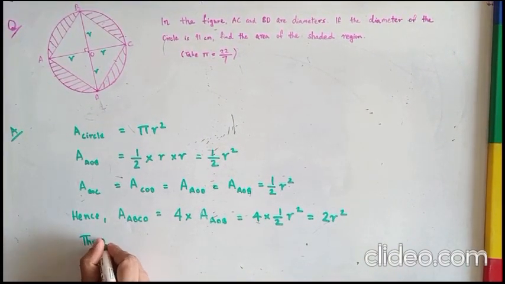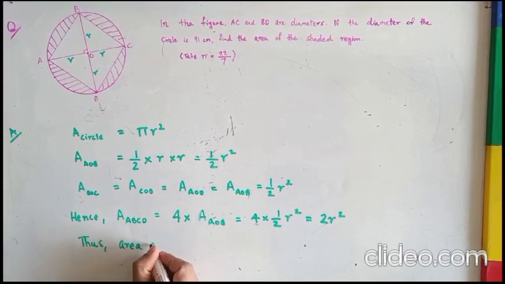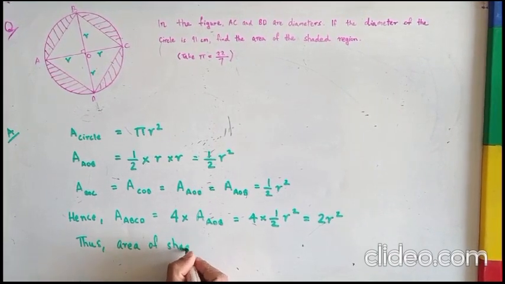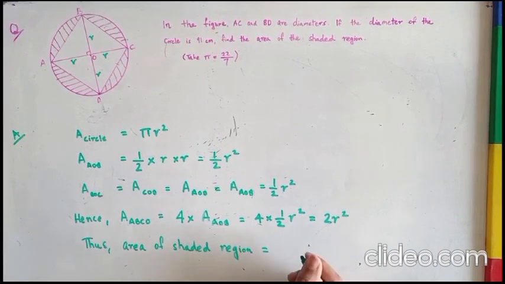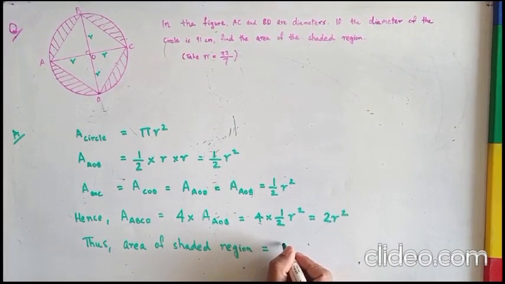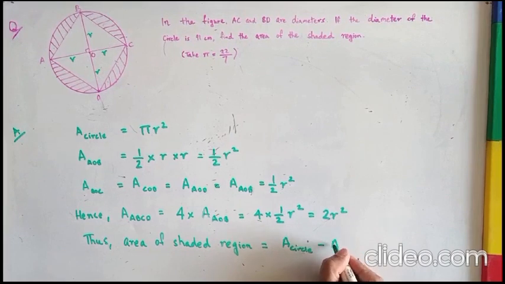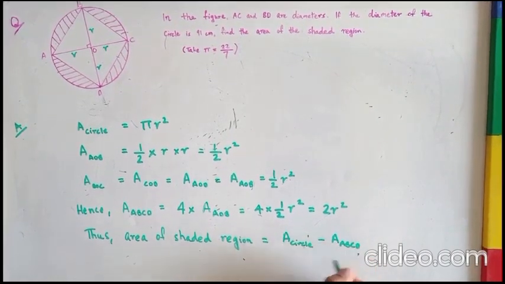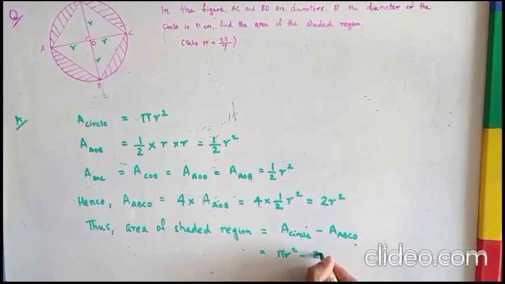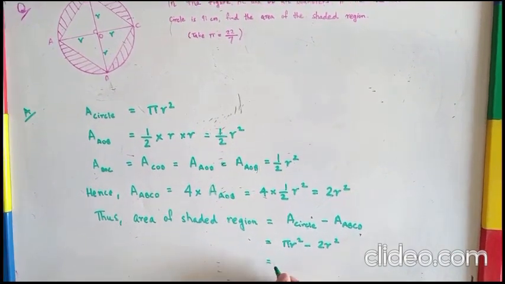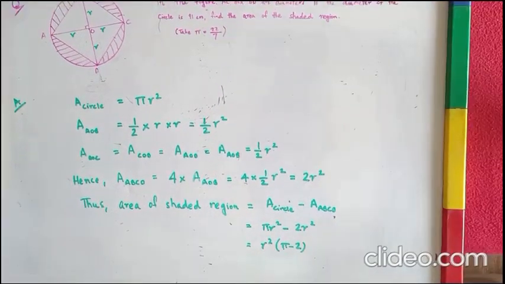Thus, area of the shaded region is equal to the area of the circle, right, minus area of the square ABCD, which is pi r squared minus 2r squared, which is equal to r squared bracket pi minus 2.